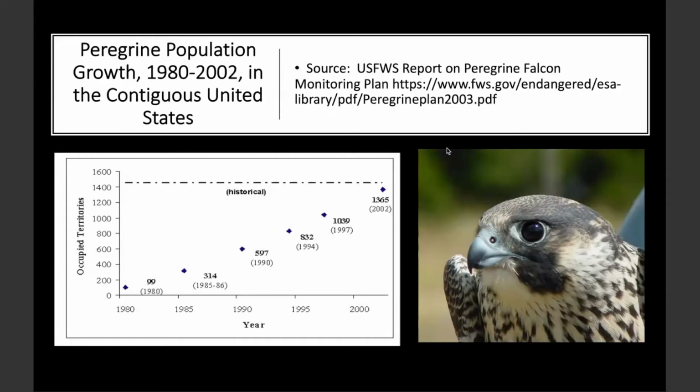We'll say every robin ate 10 earthworms and absorbed 10 earthworms' worth of DDT. Then along come the peregrine falcons, and we'll say every peregrine falcon eats 10 robins, and that falcon now has 100 earthworm quantities of DDT essentially.